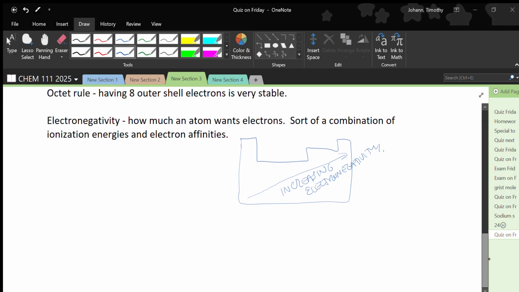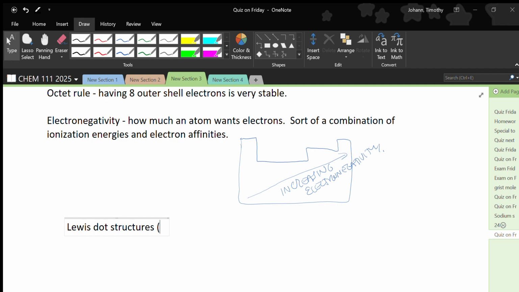All right. So what we're going to move on to now is how to draw Lewis dot structures. They're just called Lewis structures in your book.